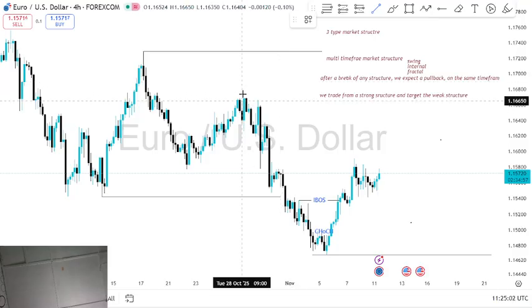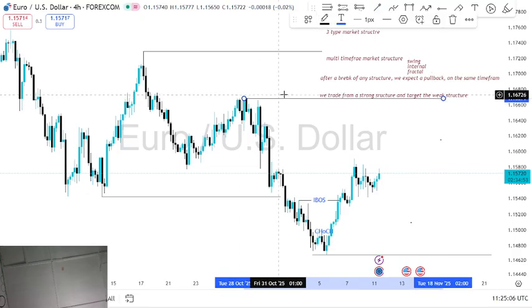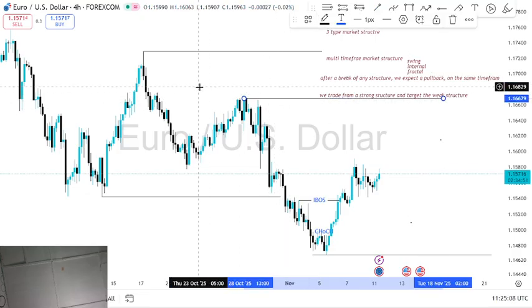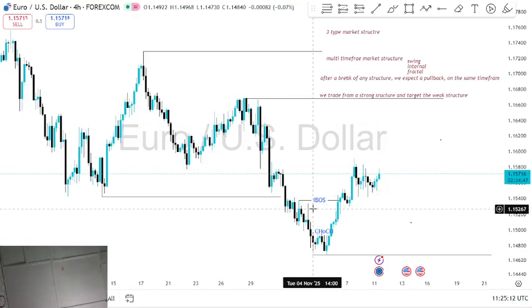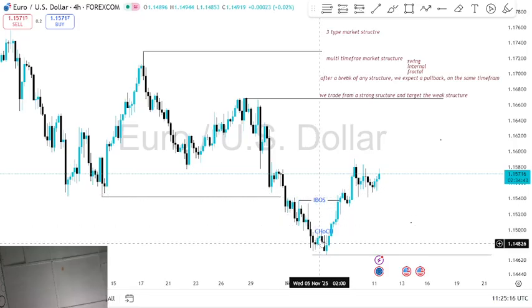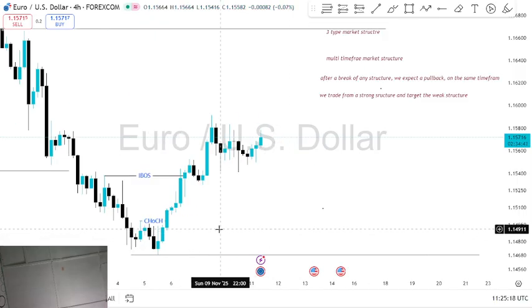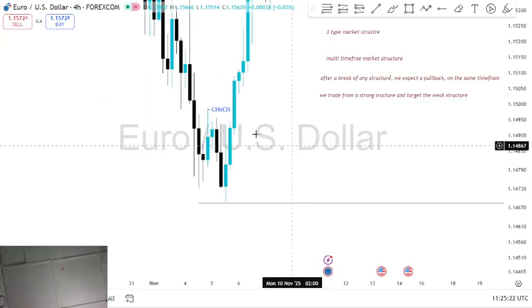The same thing applies to here. Here is also an internal structure, because it is a structure, but it is not a swing structure. But because this is a structure bigger than the fractal structure. The fractal structure is the smallest structure that we have.